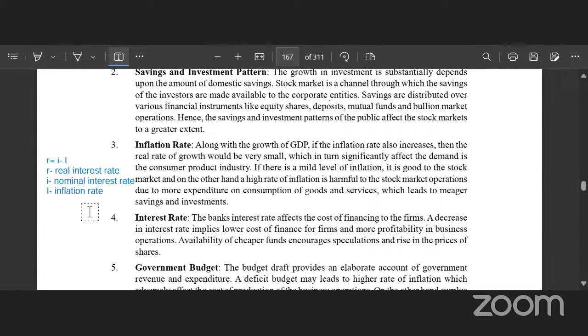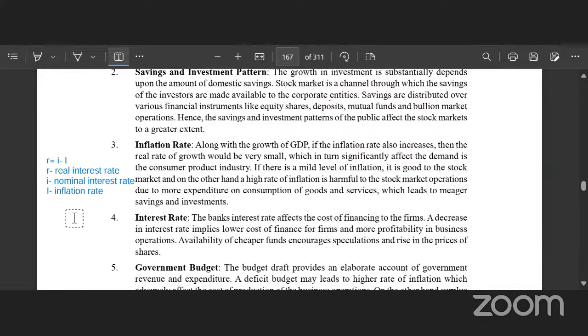The real interest rate, what investors receive from the investments, is to be adjusted for the inflation rate, right? So if a bank promises a 7% interest rate on fixed deposits, that doesn't mean that the rate of return you actually get is 7%, right? That's the nominal interest rate, which should be adjusted for inflation to get the real interest rate.